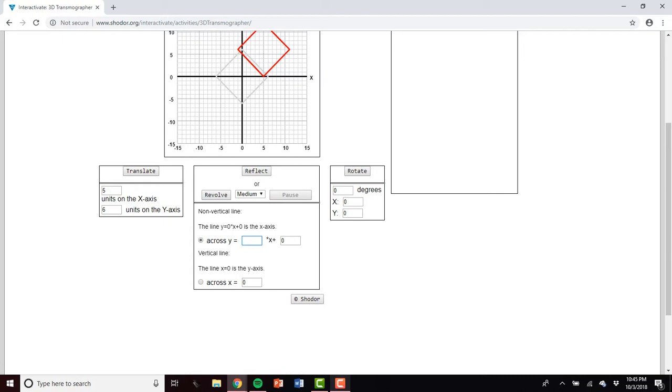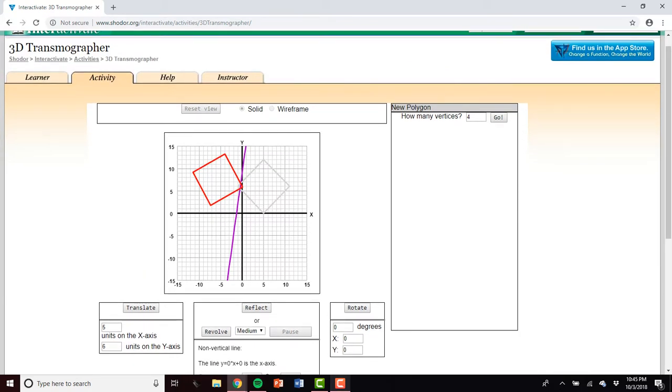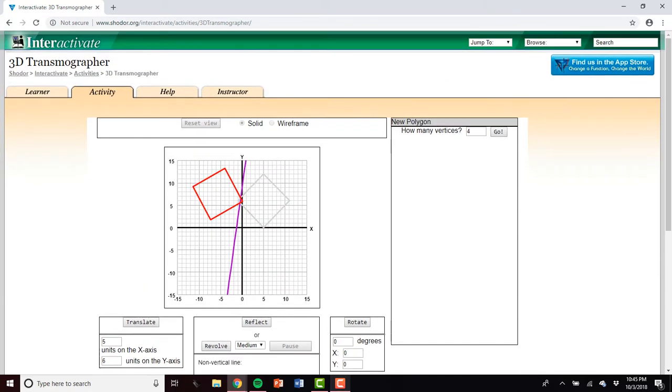So cross y equals 7 times x plus 9. We'll just give this a 5 for across the y. We'll reflect it, and it basically does this. So it has all these tools basically for all subjects of math. It's very neat. It has a lot of very useful technology that students can use for any sort of math class.